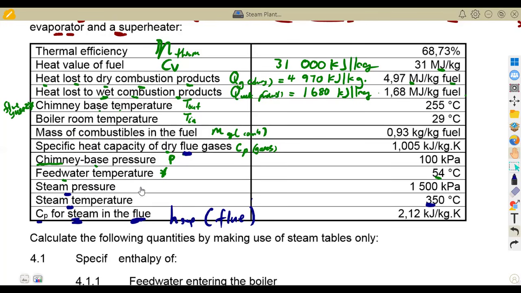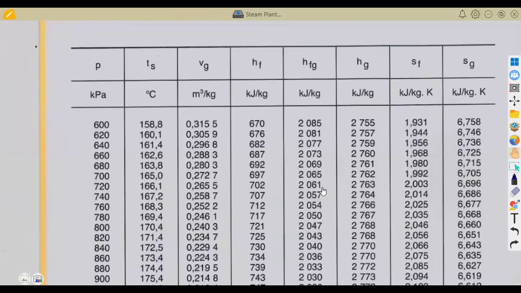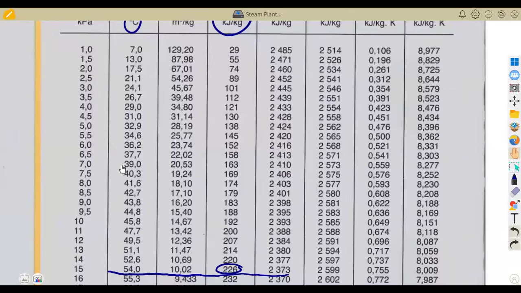Then the other thing to consider on this part: we are just given the feed water temperature. We are not given the temperature at the output, like this 54 that we have on this consideration.